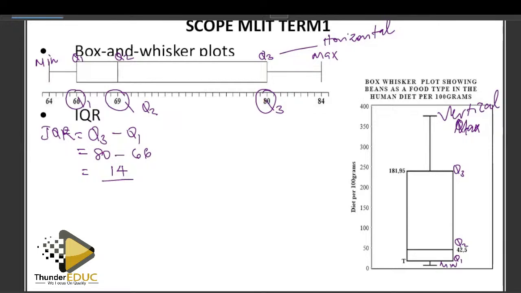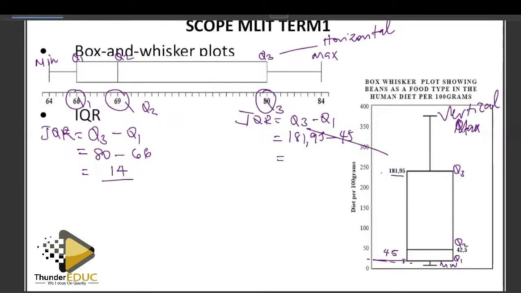What about if we come this other side? What will be our IQR? Remember, this one's impossible to read exactly. You can guess a little bit. Let's say it's around 45. You understand? Then this is 180. So our IQR from this other side will be Q3 minus Q1. Then our Q3, we are saying it's 181.95 minus 45.